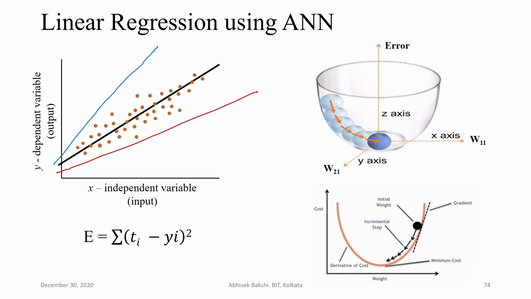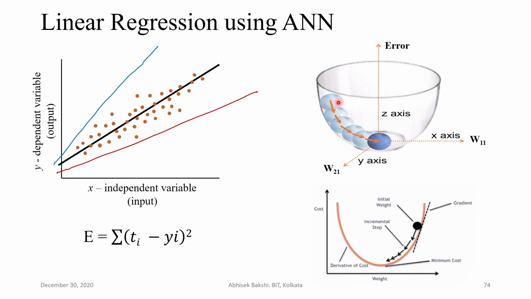And with a lot of different trials with these data points, comparing them with the actual output, we are trying to minimize this error. So you see the direction of this error is given this way, something like this.